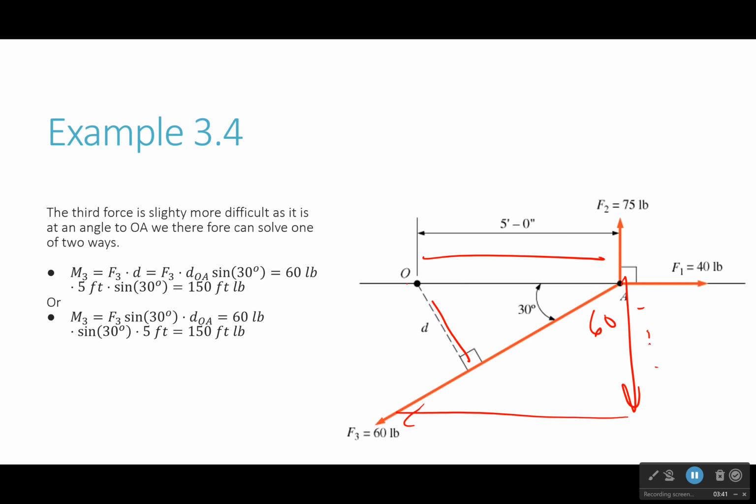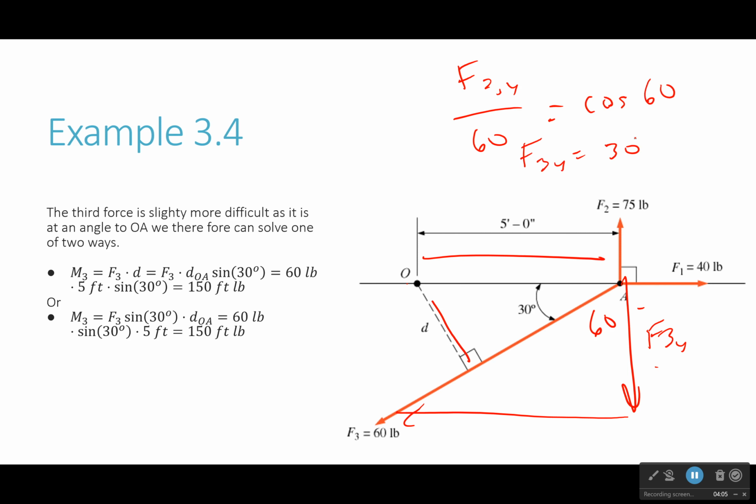So we'll call this F3y. Okay, so F3y over 60 is equal to adjacent over hypotenuse, which is cosine of 60. Okay, fantastic. And so F3y is equal to 30.